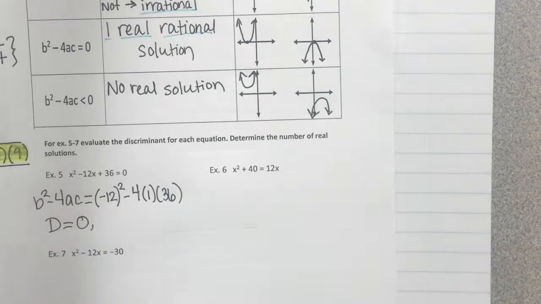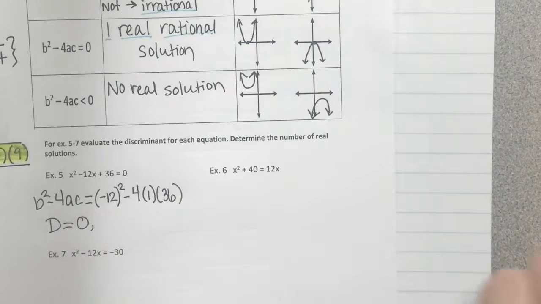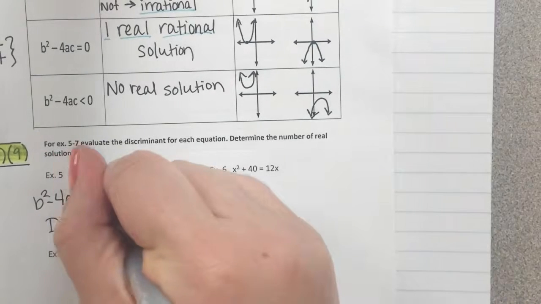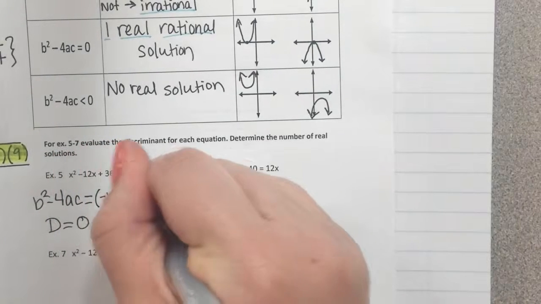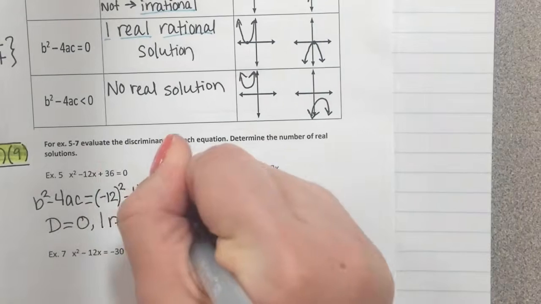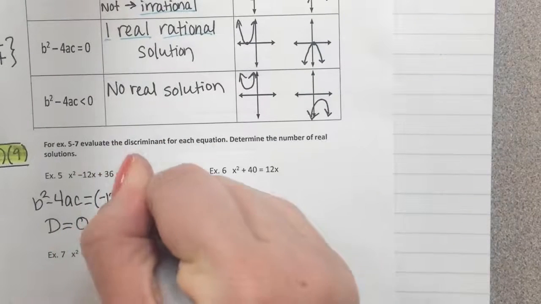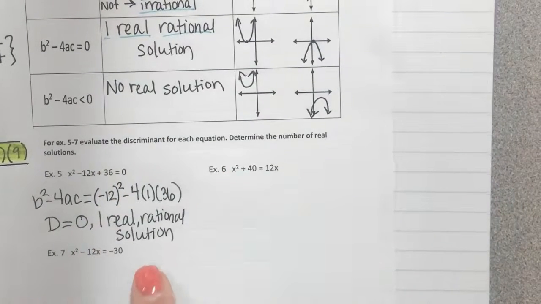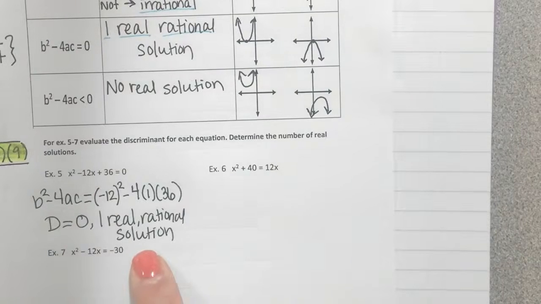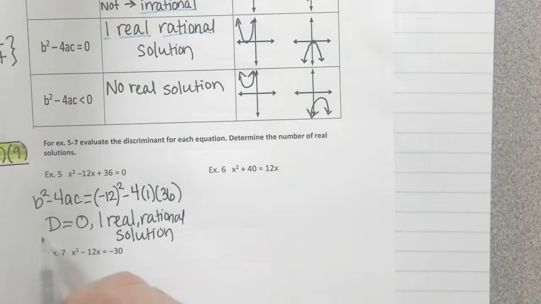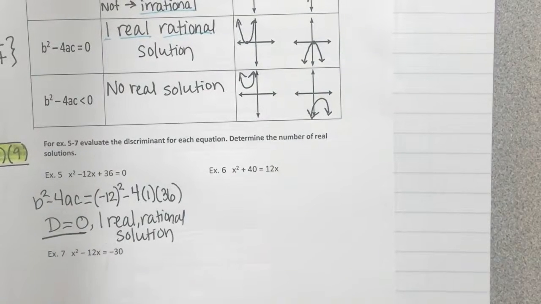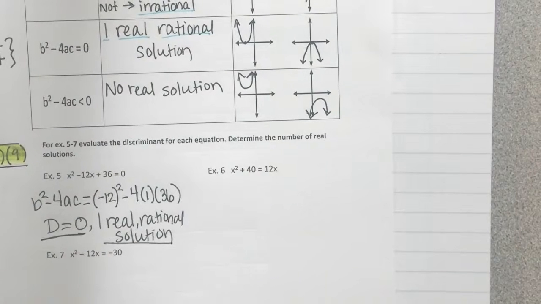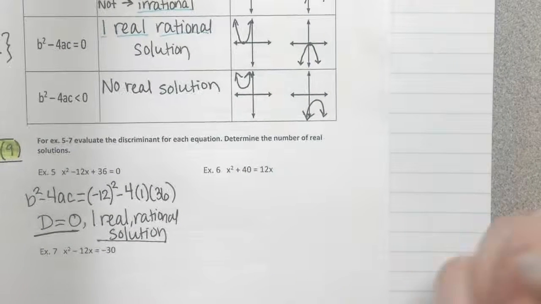So therefore, how many solutions are there? One real, rational solution. So two things to answer that question: the fact that the discriminant equaled 0, and that there's one real rational solution.